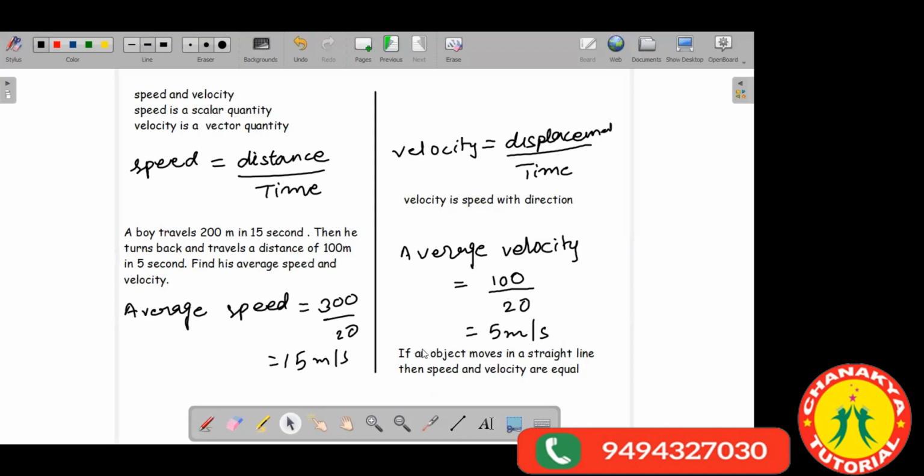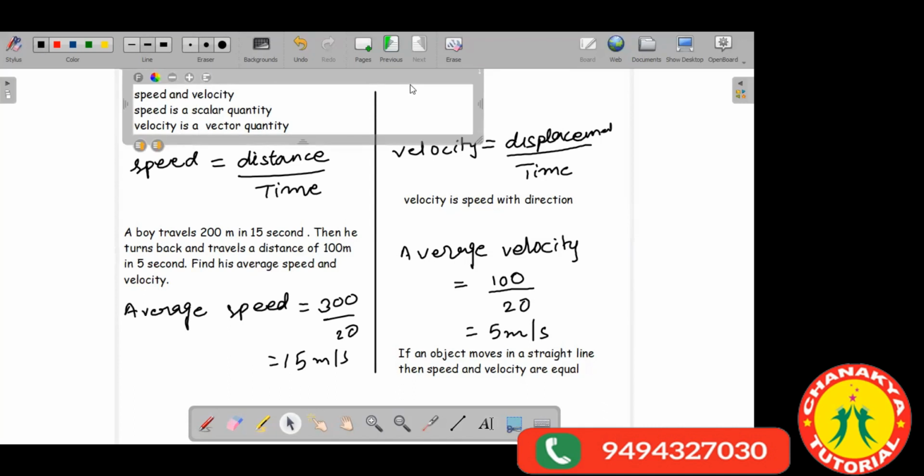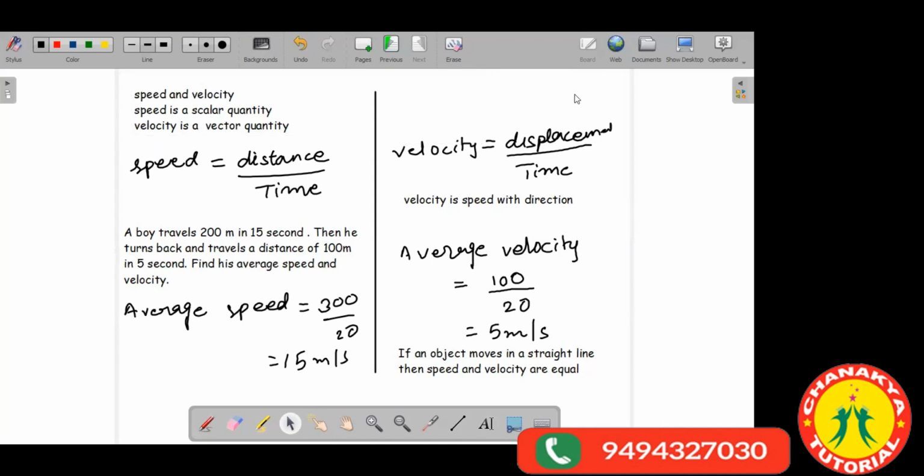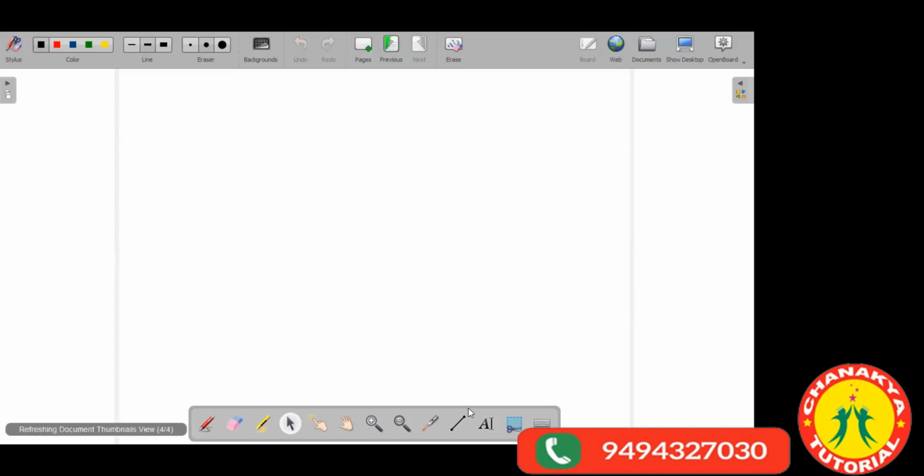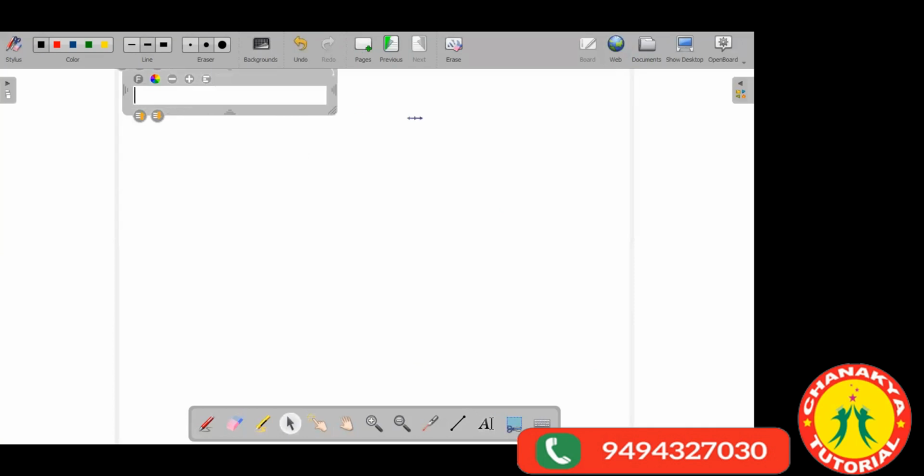Okay. So now we move towards acceleration. Let us see acceleration. We define acceleration as the rate of change of velocity per unit time.